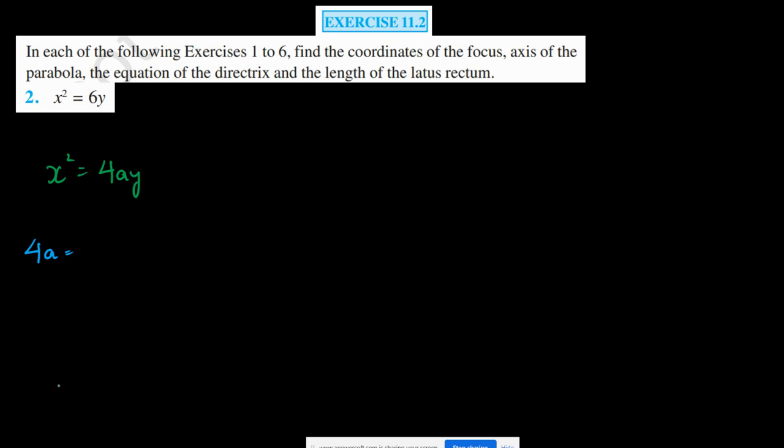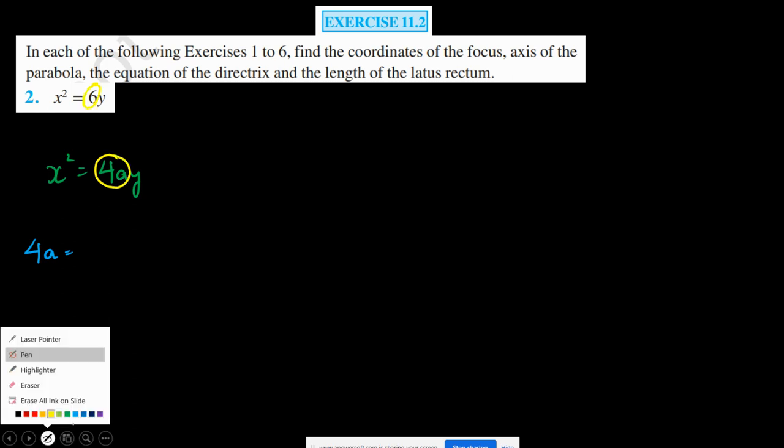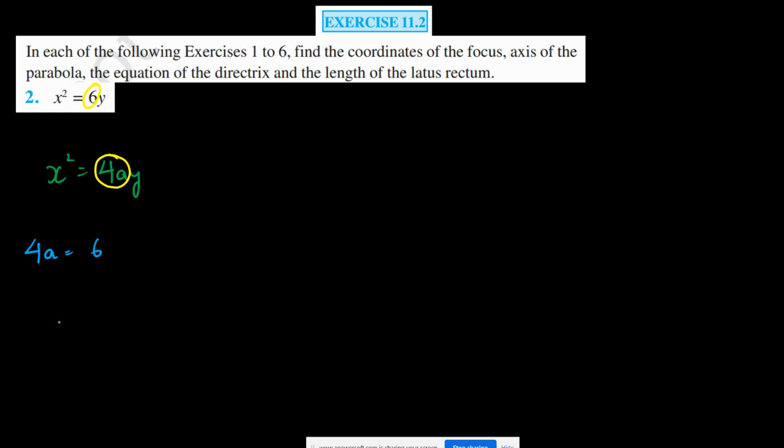Equating both the equations, 4a will be equal to 6. A is going to be 6 over 4. A is taken as 3 over 2.